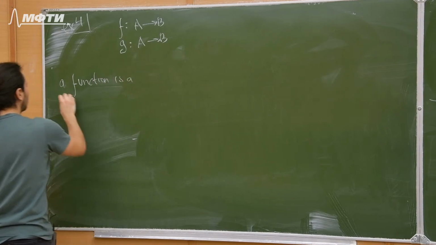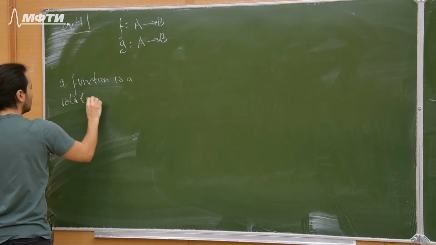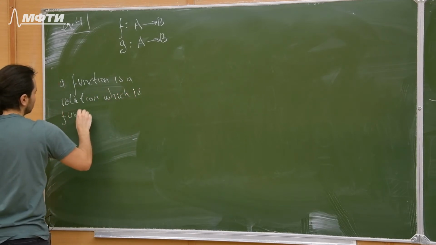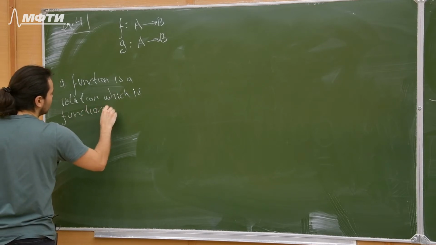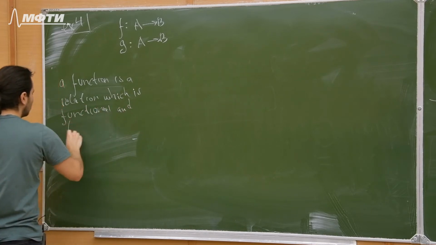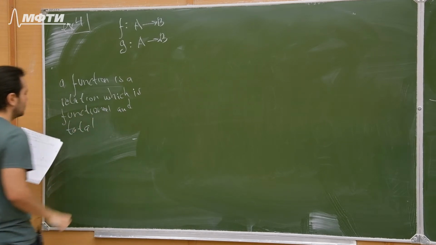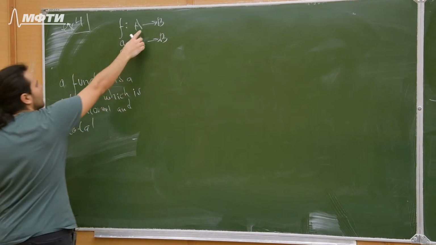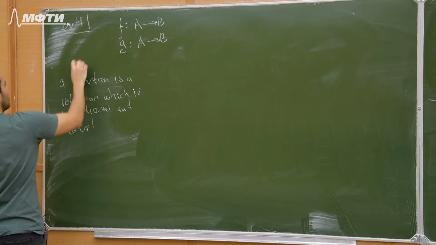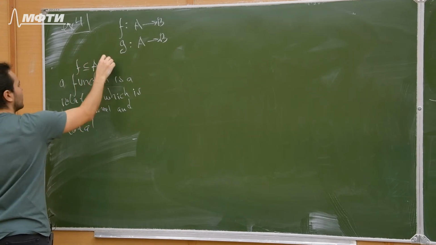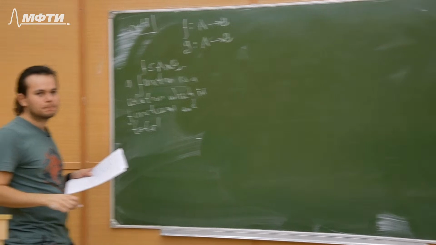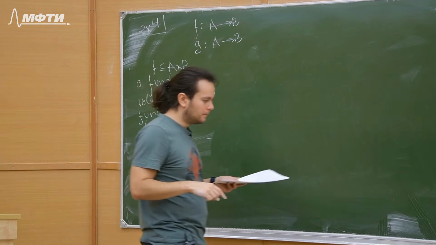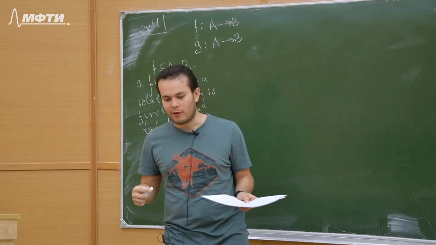If it's a function from A to B, it means that f is a subset of the Cartesian product of A and B. This is the definition of a function, but do not confuse it with the definition of a partial function.